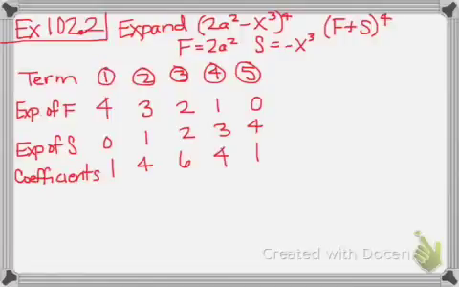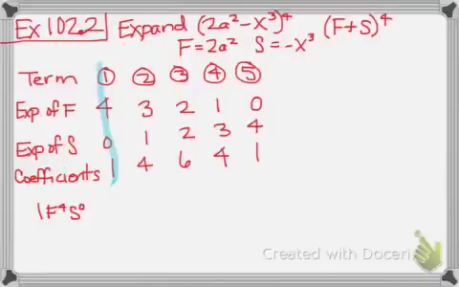Now in this case, it says we're expanding the whole thing. We're not looking for a particular term, we're looking for all of the terms. So we'll start out with the first one, which the coefficient is 1. So we're starting here. The coefficient is 1, and then f to the fourth. Since s is raised to the 0 power, I'm not even going to write it down. Or actually, yes I am.